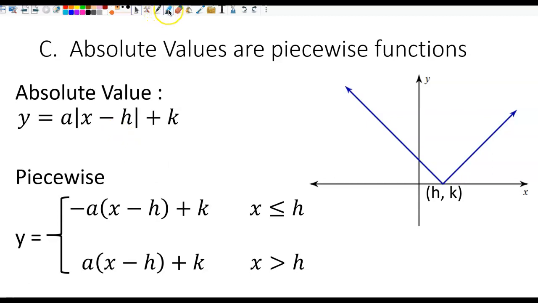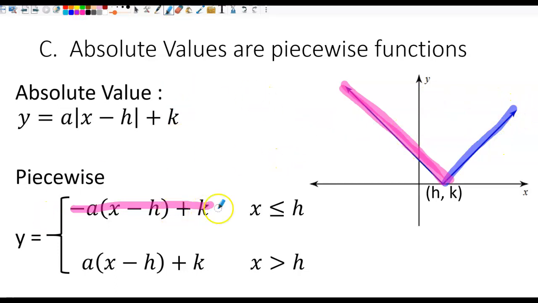So just like I told you before on the last slide, an absolute value function is like having two linear functions that are just connected together at a common point. Okay? The only difference between the two pieces is that they have opposite slopes. So for the one on the right, slope is negative.